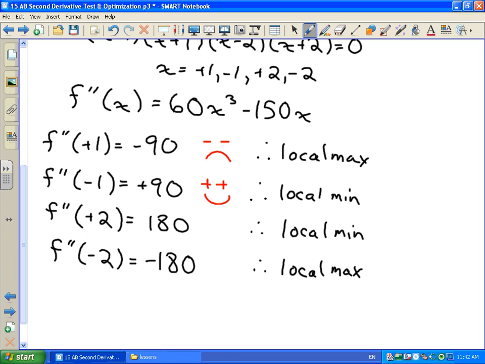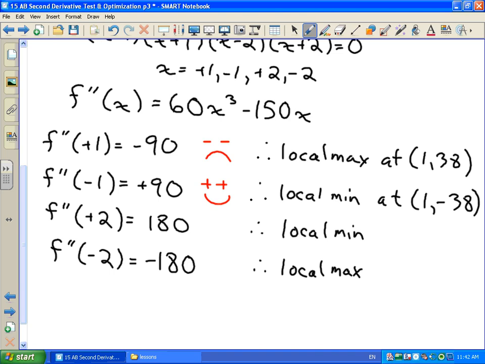And in addition to doing this, you'd go back and figure out what the coordinates are for all of these points. So this one here is, let's see, we got a local maximum at 138, a local minimum at -38.